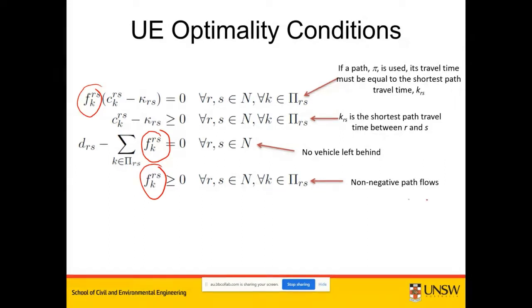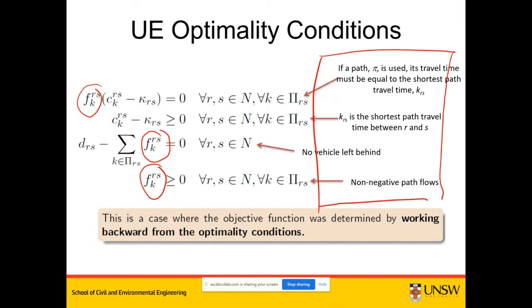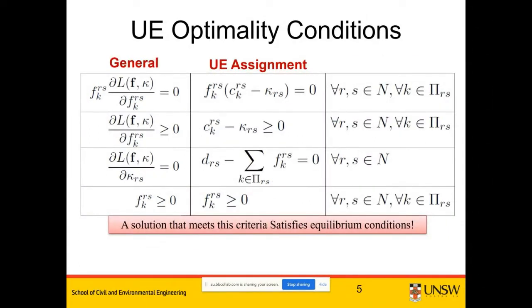And again, we talked about the physical interpretation of each of these optimality conditions, which I won't repeat. I recommend you have a look at the previous lecture. And that's a table that we put together from last week.